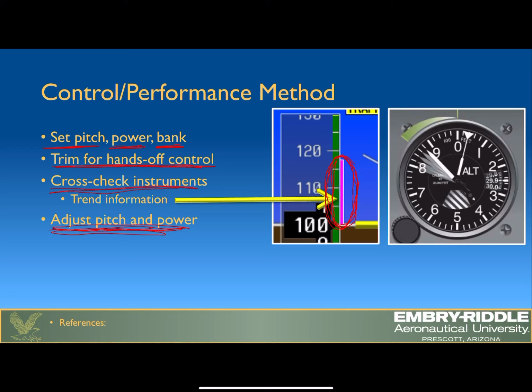Once we're established, we should not see any trends. We want to make sure that the aircraft is doing what we want it to do. So if I'm flying straight and level and my airspeed is trending up, I've done something wrong or something is not set properly, because we don't want trends once we are established.